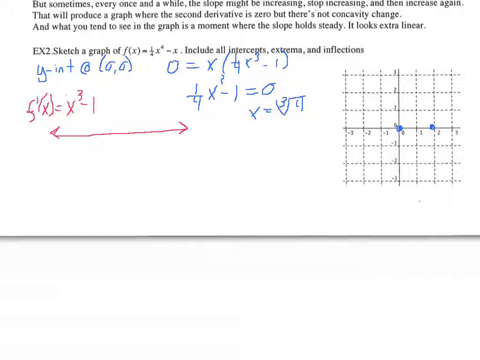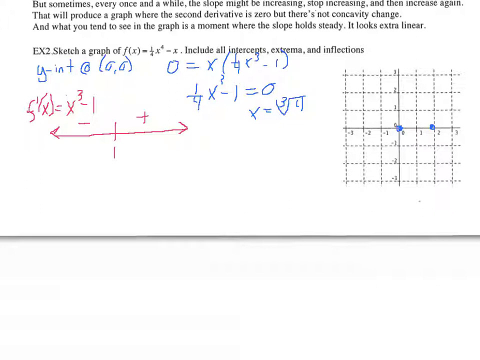We're looking for critical points. There is only one, which is 1. Then we want to see what's happening to the left and to the right of the critical point. To the left, for values less than 1, we get a negative slope, and for values greater than 1, we get a positive slope.